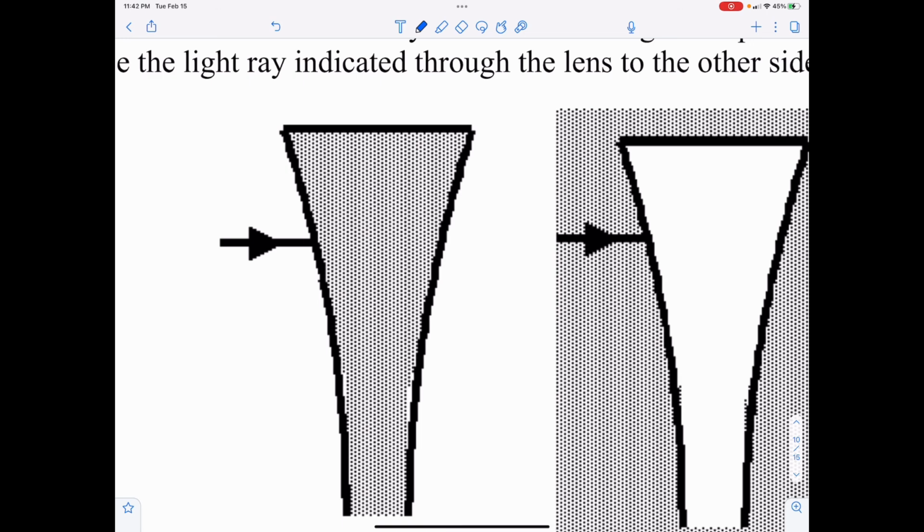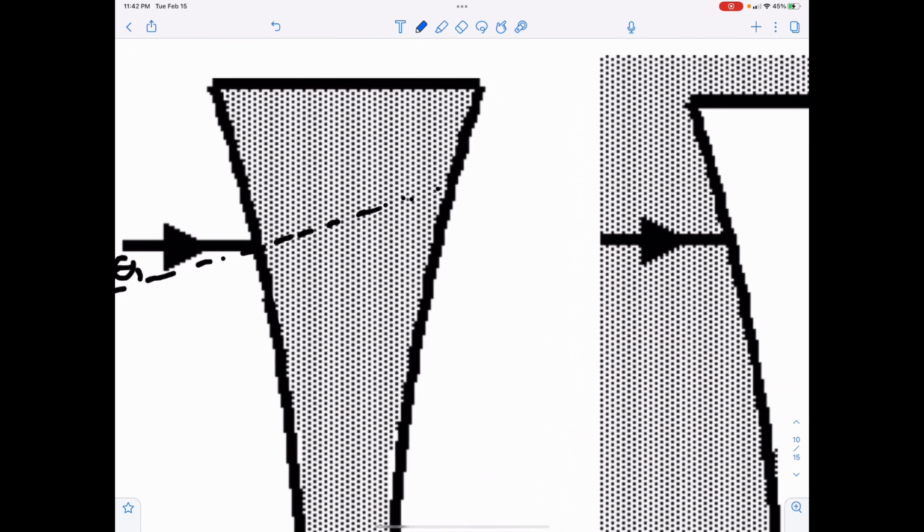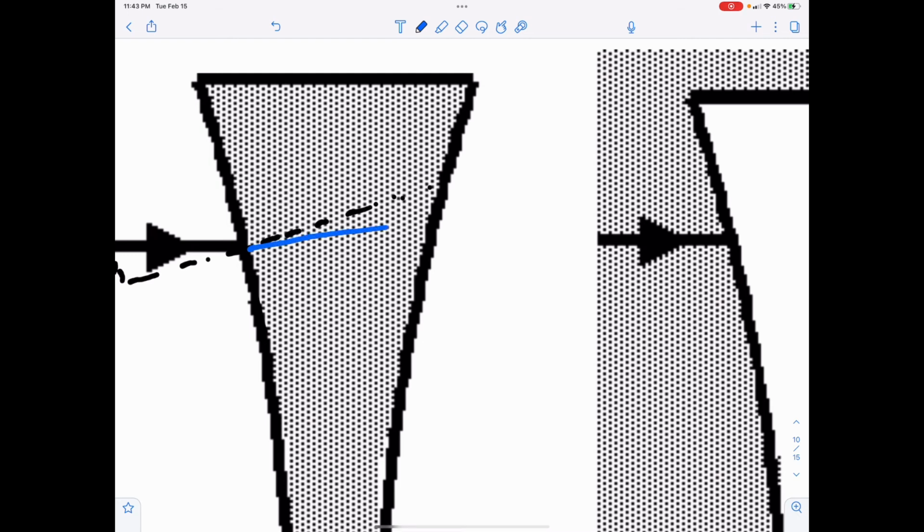How about what's going to happen with a diverging lens like this? Again, here's my tangent line to the surface, which means here is my normal, there's my theta 1. Extend my normal into the page, and I will be bending closer to the normal, just like that.